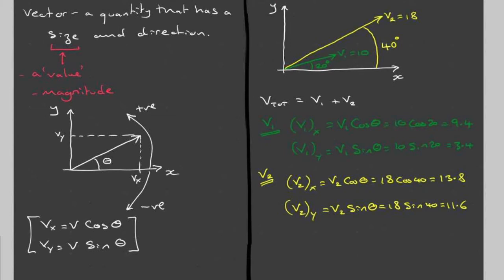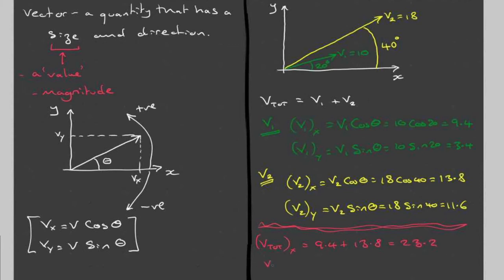Now the total of these two: the total x component will be the x component for V1 and the x component for V2 added together. So that will be 9.4 plus 13.8, which is 23.2.